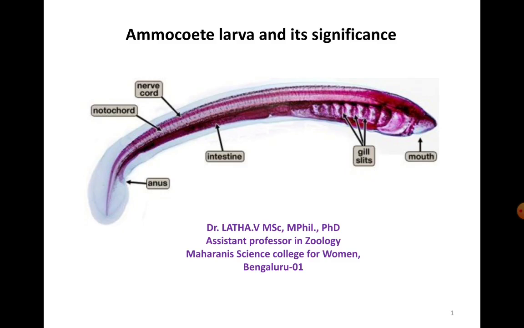The development of the nervous system in this Ammocoete larva is very unique, in which it develops in the form of a solid cord or keel, and then it forms a hollow cavity inside. This type of formation of the central nervous system is called the thickened keel method. This is one more unique feature of this Ammocoete larva, or of lampreys.